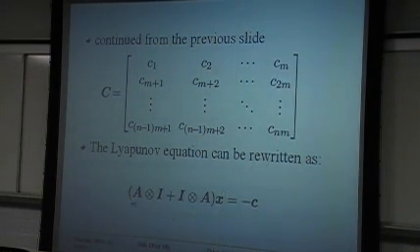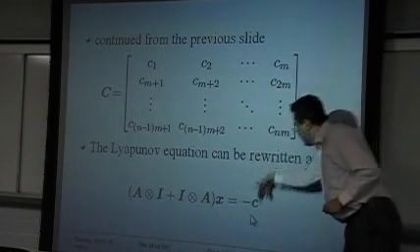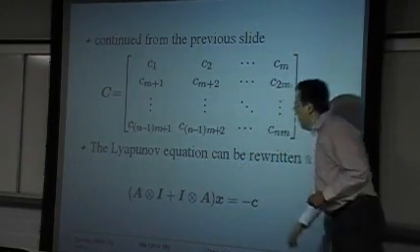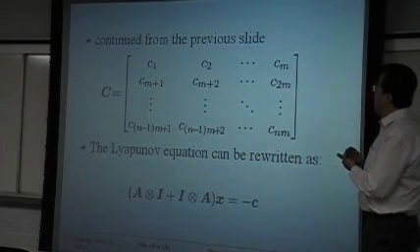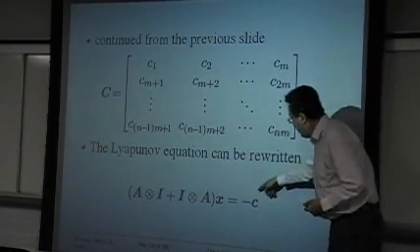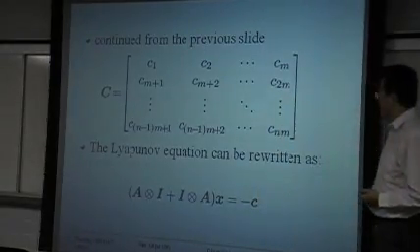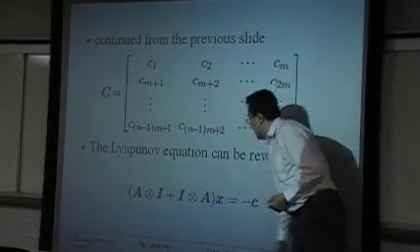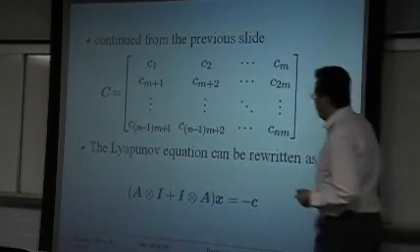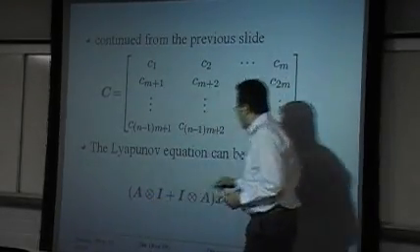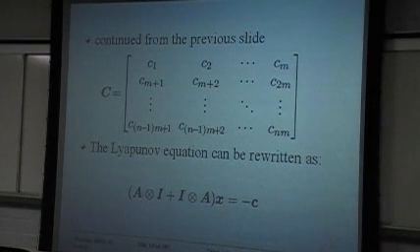Then the original Lyapunov equation can be rewritten in this form. Now we know C is a column vector and X is a column vector. For a 3 by 3 C matrix, we will have a column vector C with 9 elements and a vector X with 9 elements. And we use this product here, which is a special product called the Kronecker product.